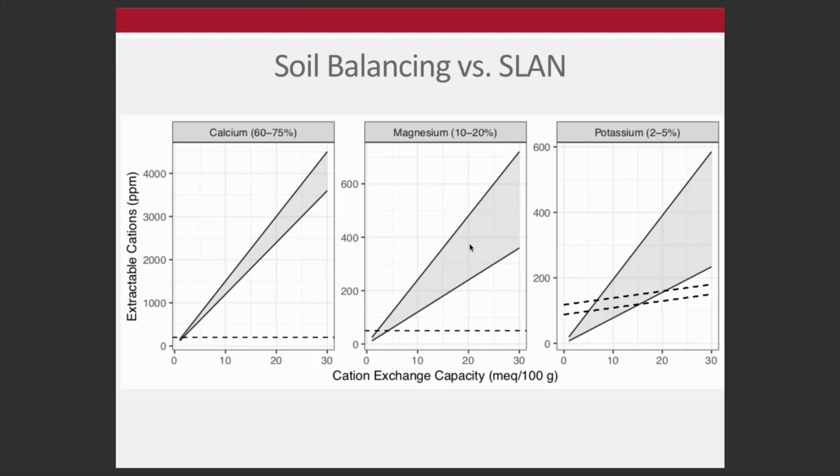So sometimes these two recommendations are fully aligned, but when they're not, it can be expensive. And that's some of the main drawback of managing for soil balancing, because you can just spend a lot of money in calcium products, primarily gypsum and even lime, that might not be necessary.